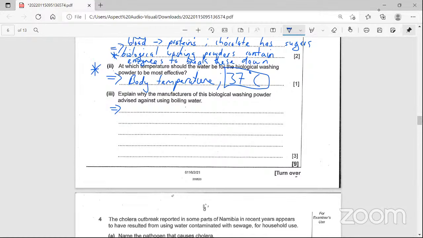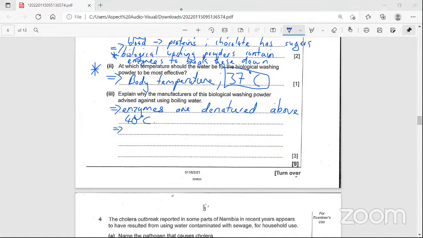So if you use boiling water, it destroys the active site, which means the enzyme becomes denatured.